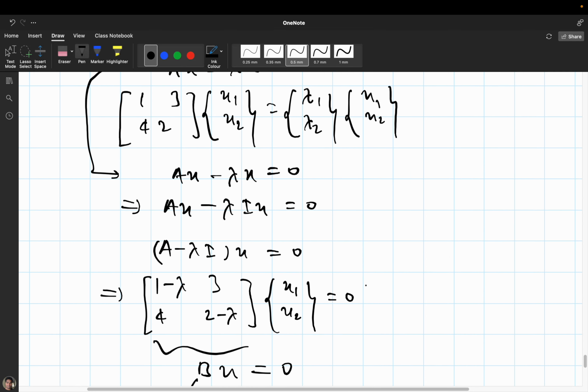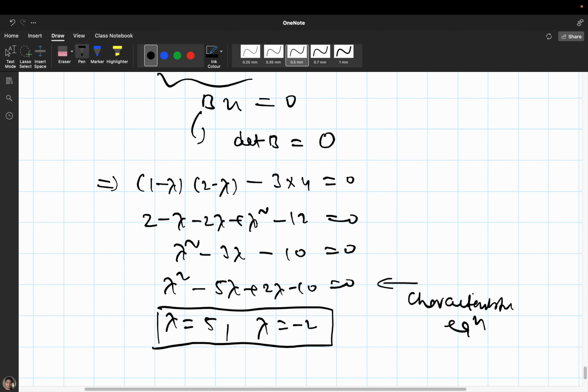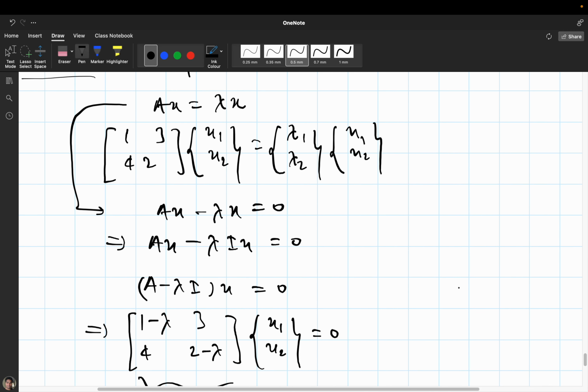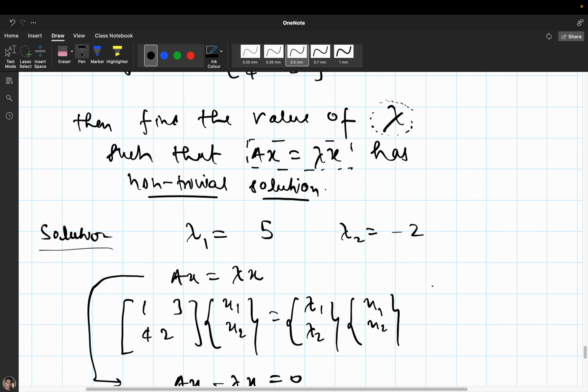That's why you find what? The characteristic equation. This is called the characteristic equation, because while finding the eigenvalue and eigenvector, we don't need the trivial solution, because we already know that the trivial solution is always included.